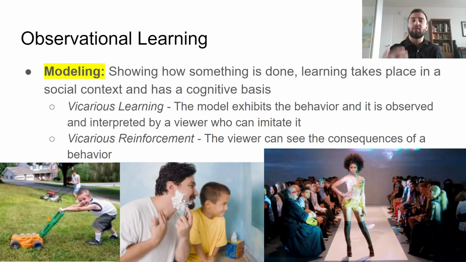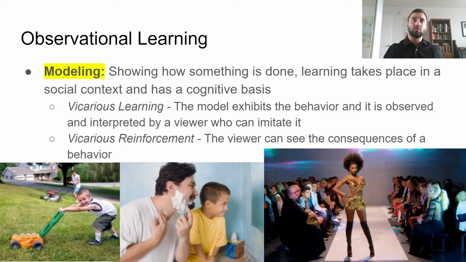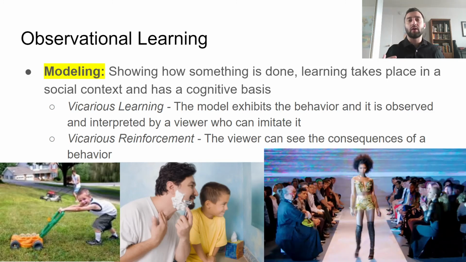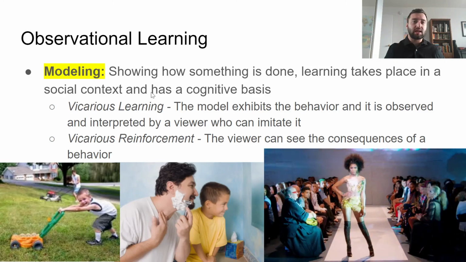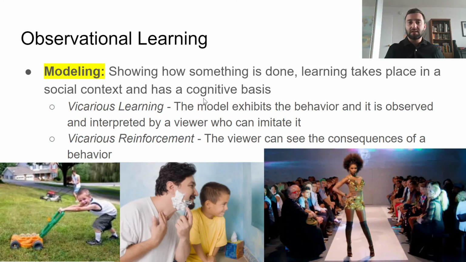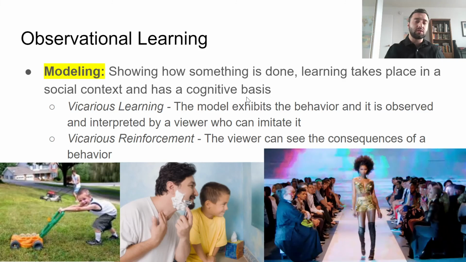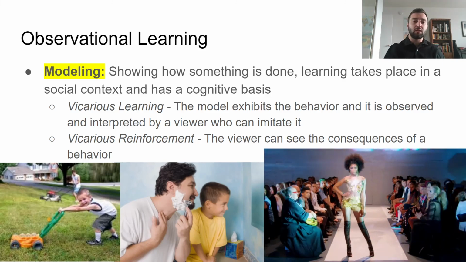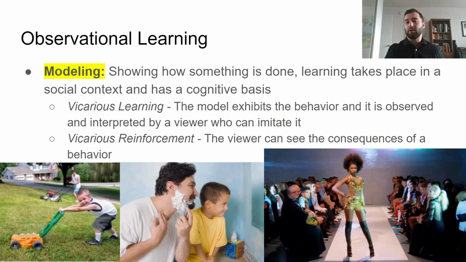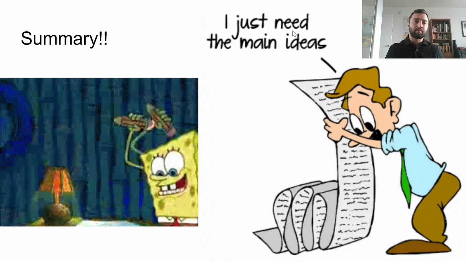There can be a lot of other things that have to go into understanding what I'm doing that can also be an important part. And that's where it does mention that it also has a cognitive basis. I can show you how to do something, but if you don't know why you're doing it or what you're really doing, it doesn't necessarily mean that you're going to be great at doing it right away.